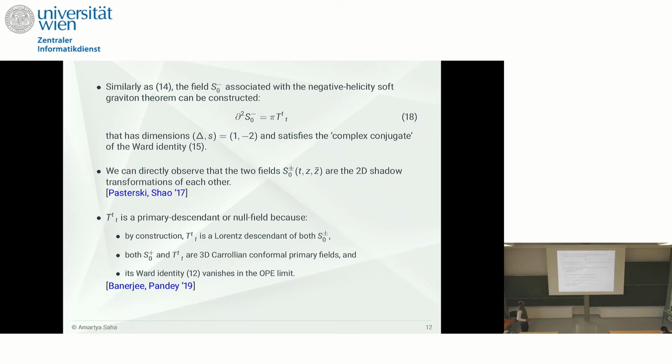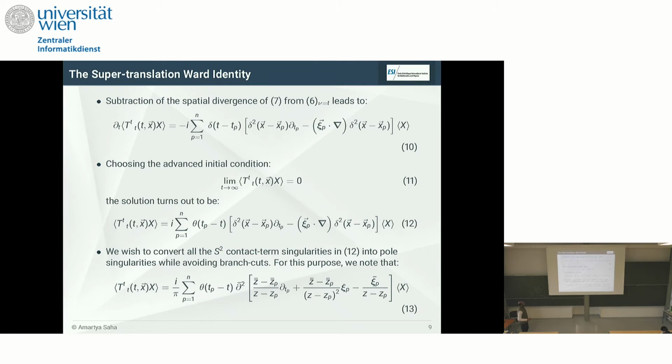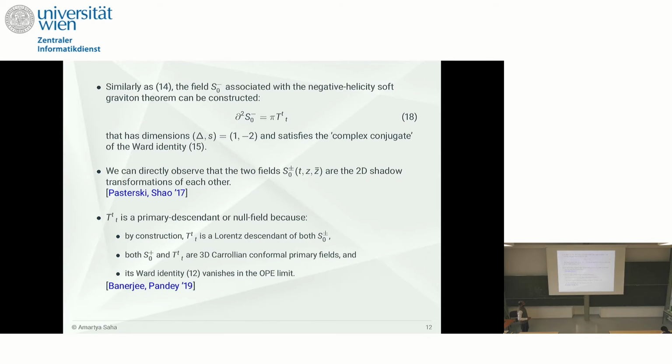Now both are Carrollian primaries, and moreover the TT word identity, equation 12, is vanishing in the OP limit when no operators are coincident. This motivated me to comment that TT is a null field, and it seems consistent with the conclusions of this paper.